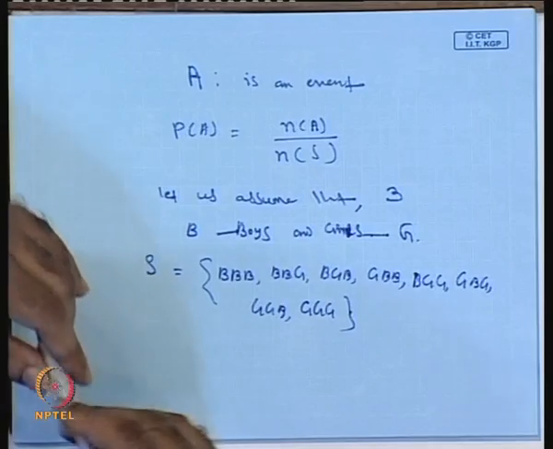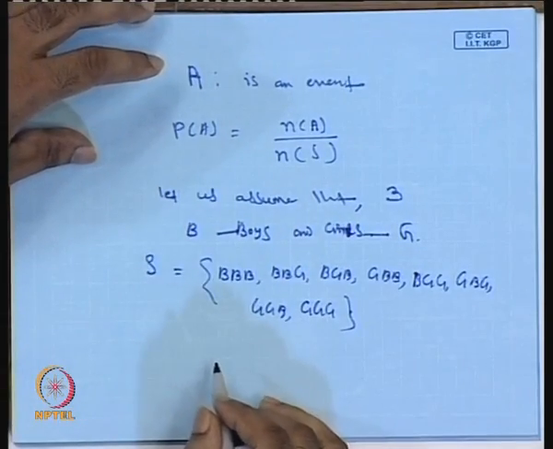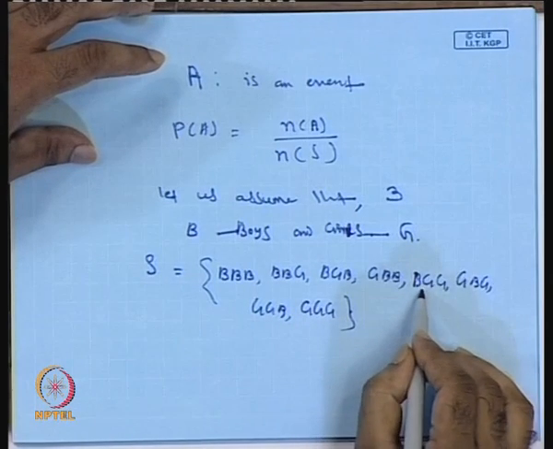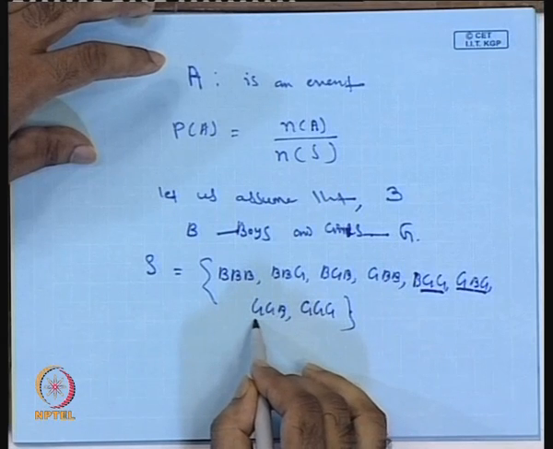The question is, what is the probability of exactly 2 girls at a time? Exactly 2 girls means we have to see where only 2 girls are there. So, this is one case, this is another case, this is another case.